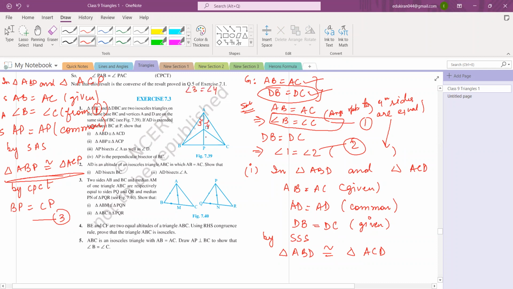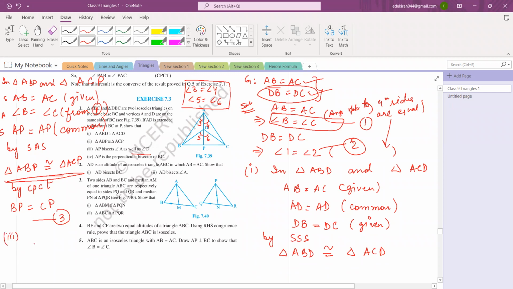And also as well as D. So this I called angle 5 and this I called angle 6. So I also have to show that angle 5 is equal to angle 6. So if I can show these two things, I can say that AP bisects angle A and AP bisects angle D, BDC I mean, also. So let's do it. So third part.